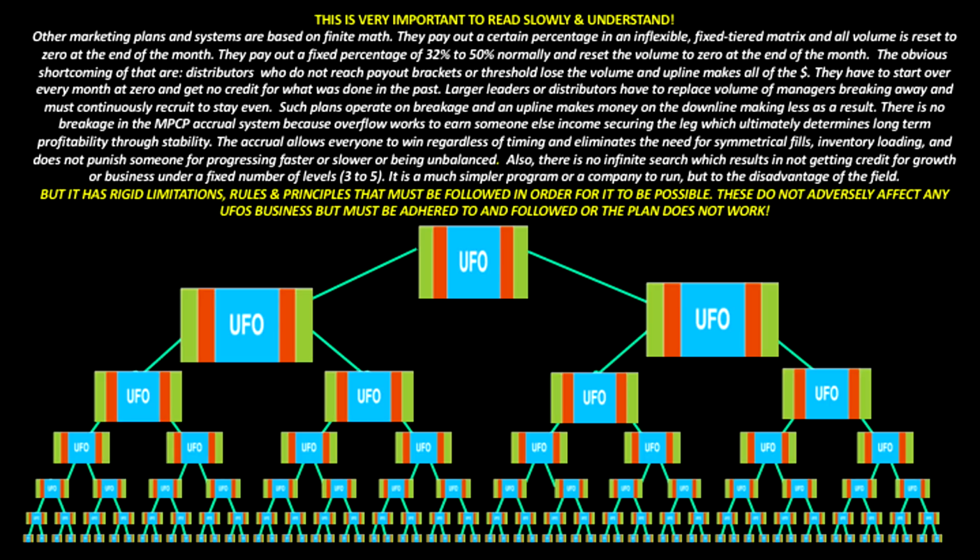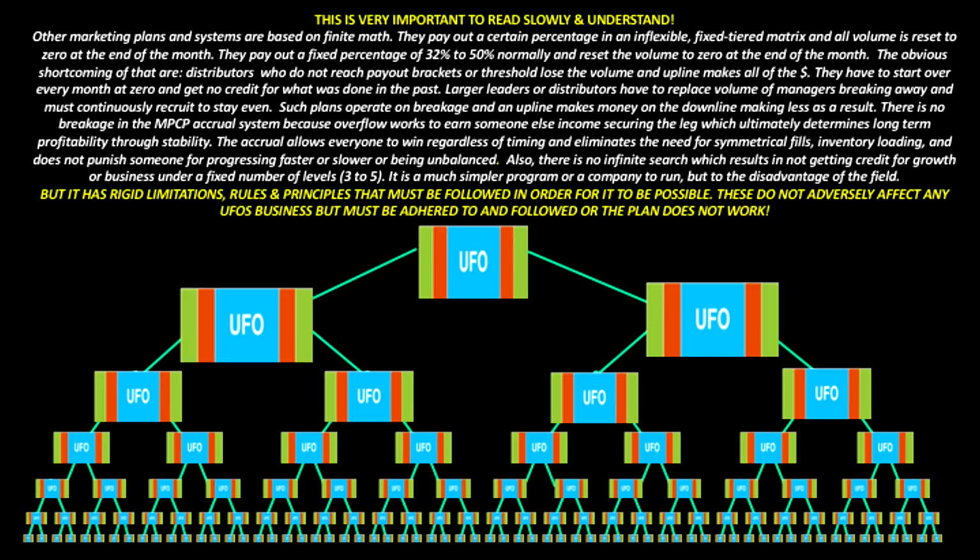Rather discouraging. Larger leaders or distributors have to replace volume of managers breaking away and must continuously recruit just to stay even. Such plans operate on breakage, and an upline makes money on the downline making less as a result. That's a negative incentive.